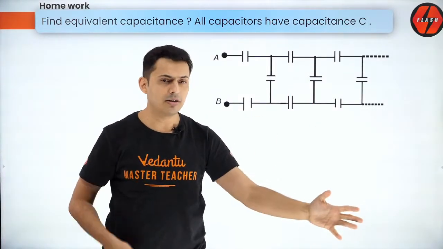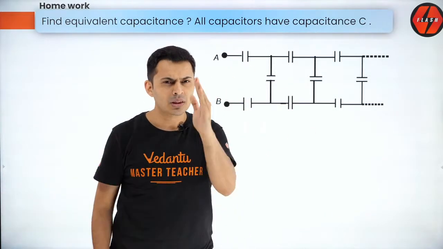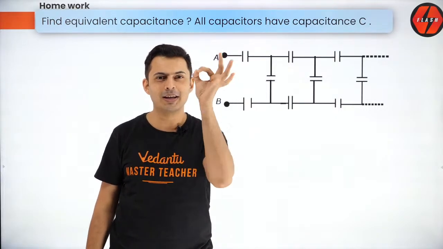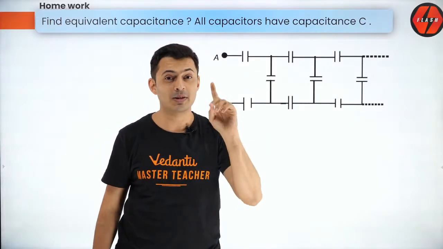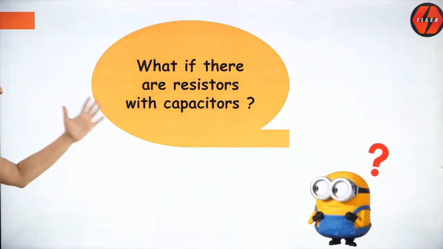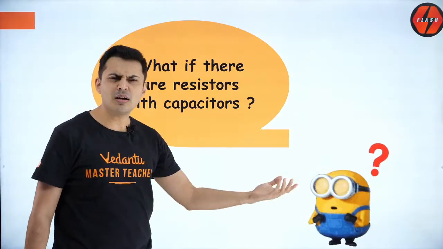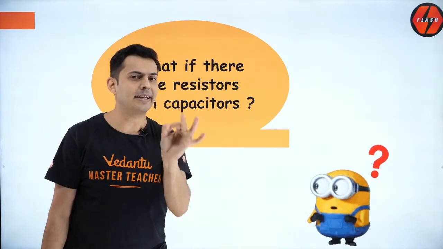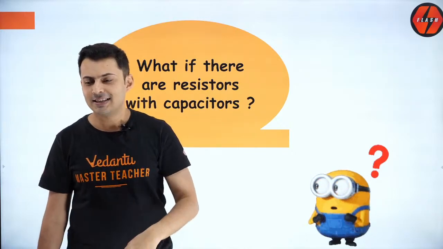The symmetry method, the connection removal method, everything can be directly applied. There will be something which is different in capacitors, and that's what you are here for, and that's what I always do. We are going to solve some complex problems now. They will involve both resistors as well as capacitors. You'll be like, so what? We know how to solve resistor, we know how to solve capacitor, but there is a small catch, and that's what I want to show you.